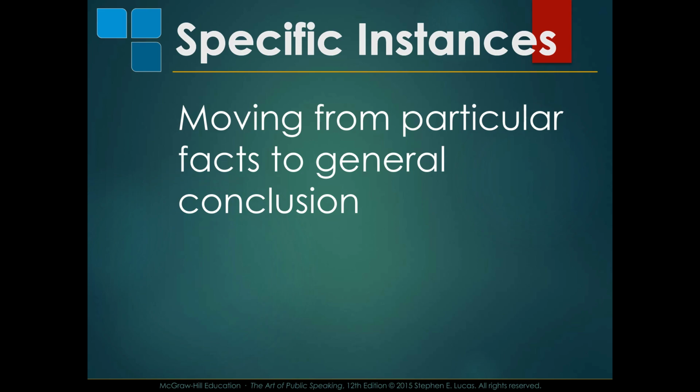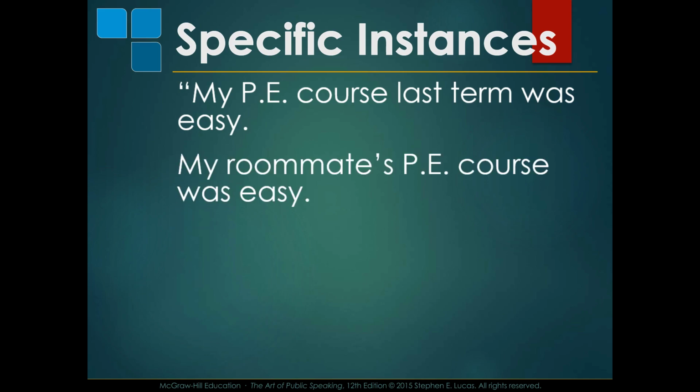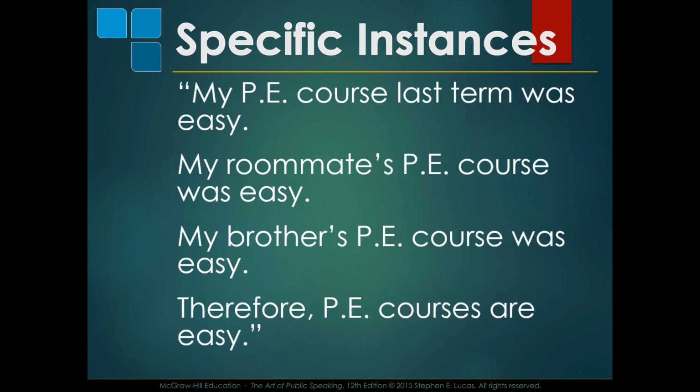You move from a particular fact to a general conclusion, and it looks like this. My PE course last term was easy. There's a fact. My roommate's PE course was easy. I got another fact. My brother's PE course was easy. A third fact. So now I'm going to go to the general principle that PE courses are easy.